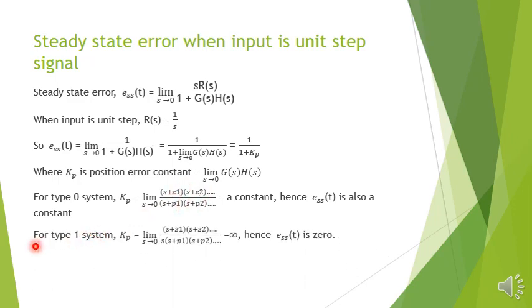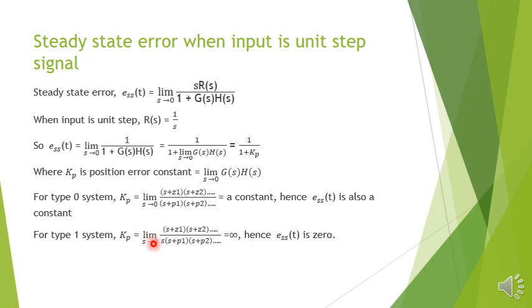Now for type 1 system, what happens? Kp is equal to limit as s tends to 0, s plus z1 into s plus z2 and so on, divided by s into s plus p1, s plus p2 and so on. So in this case, as s tends to 0, though these are constants, they are divided by 0, s equal to 0.